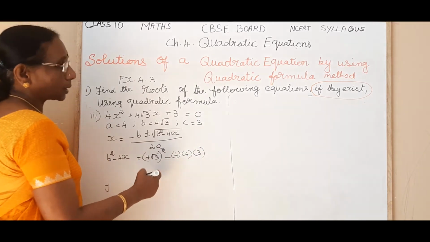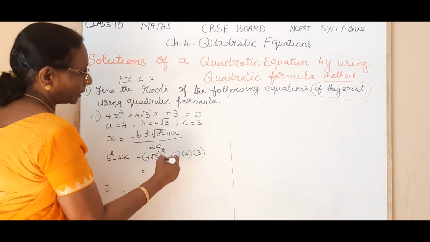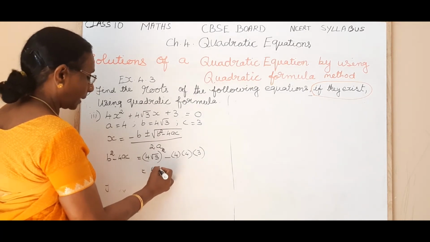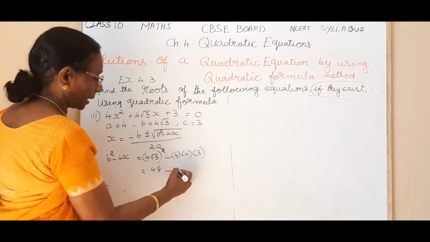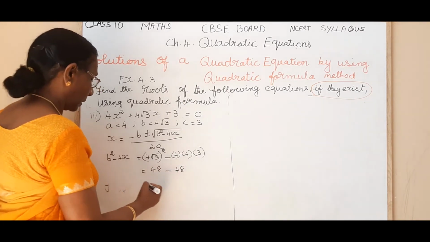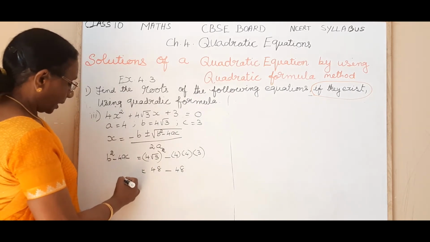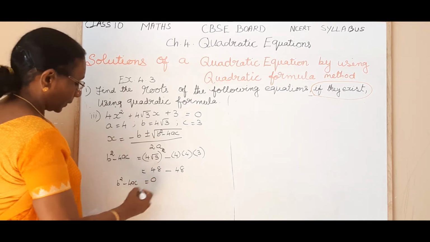So 4 root 3 into 4 root 3 is 4 fours are 16, 16 threes are 48, minus 4 fours are 16, 16 threes are 48. What do you get? b squared minus 4ac is equal to 0.